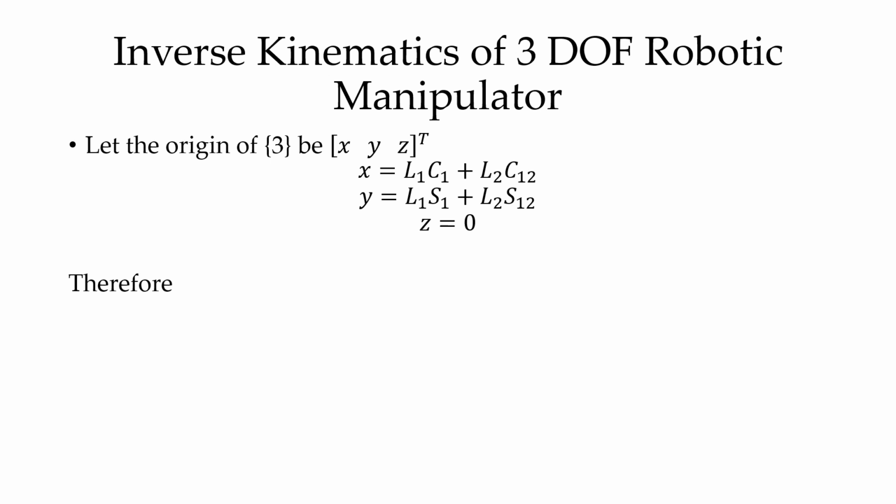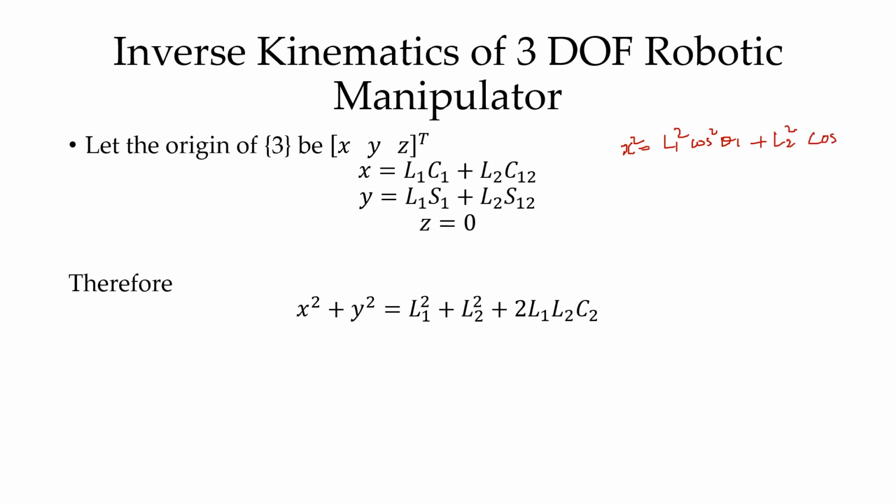So let's do this operation, x square plus y square. Basically x square is L1 square cos square theta 1 plus L2 square cos square of theta 1 plus theta 2.